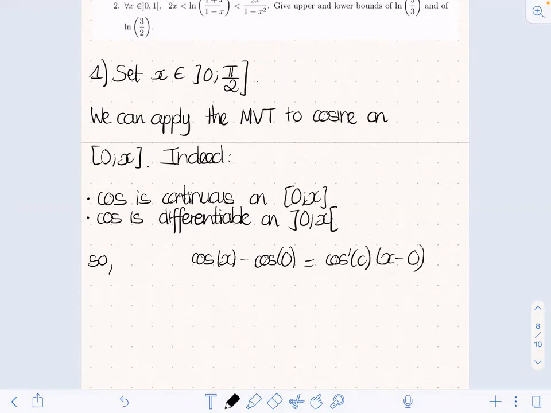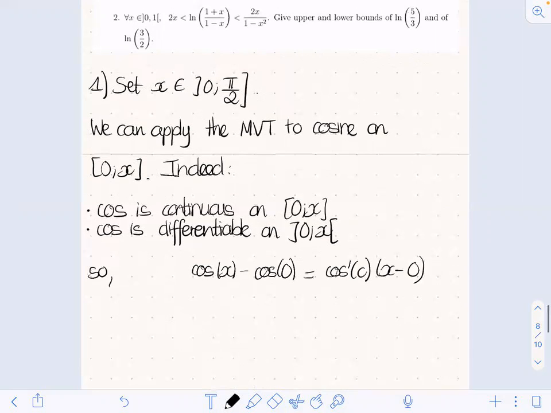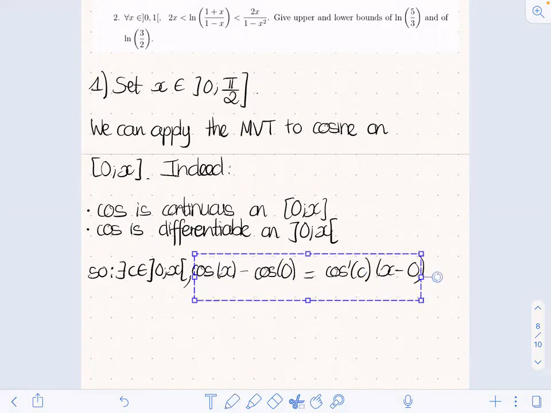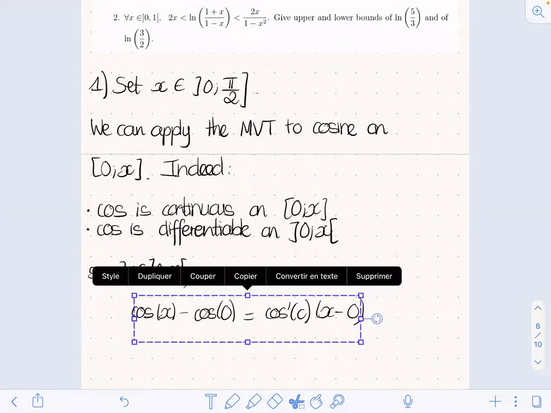It doesn't seem that closely linked to what we want to prove yet, but we'll be able to exploit it to prove what we want. So c will be in the open interval 0x, and there exists some c, we don't know much about it, such that the equality here, I'll shift it to make it a bit clearer, holds.